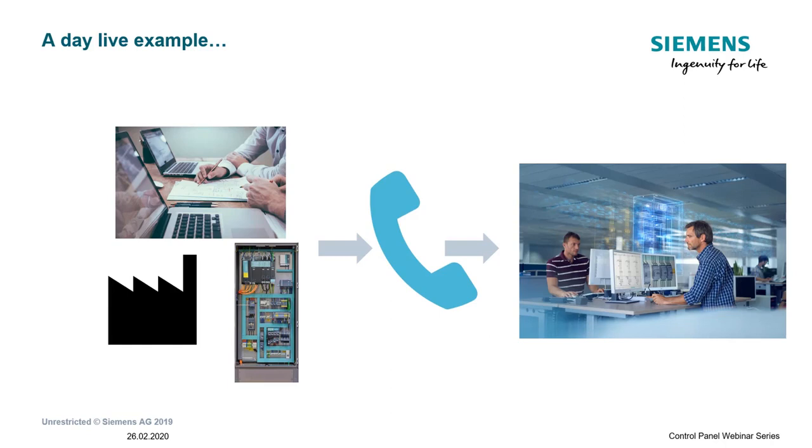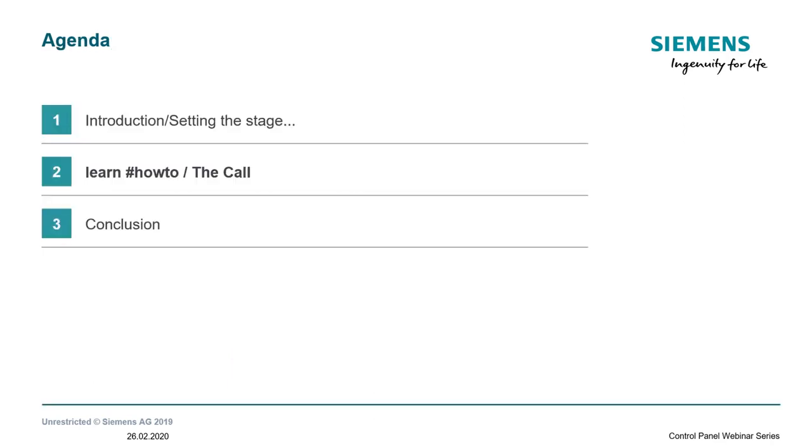So once again, I'm facing a project which is currently upcoming, a couple of changes, and I also, of course, look for more efficient ways to do this to save time and eventually, of course, to save money. And therefore, I will call Jorge Olarte from Siemens, a well-known control panel expert and engineer.